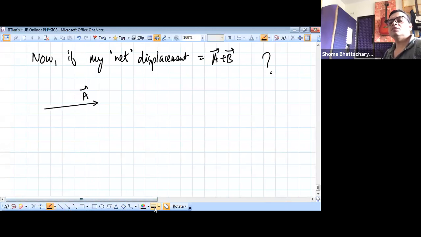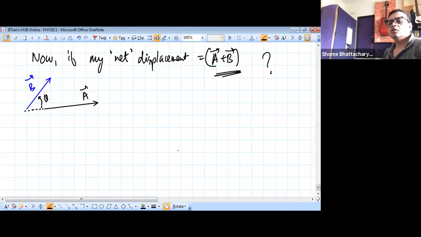The individual displacement B is, let's say, drawn by this arrow. They can be drawn anywhere, as I said. So ये arrow है, such that इनके बीच angle कितना है? थीटा है. ये angle कितना है? ये थीटा है. Okay. So what is this thing? How will you calculate this?